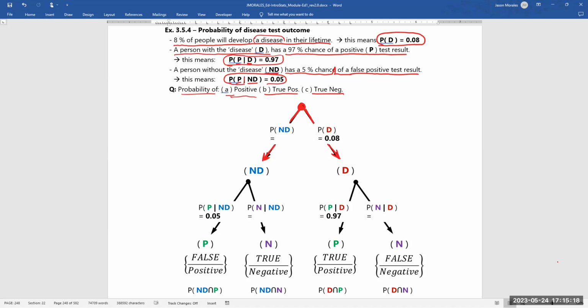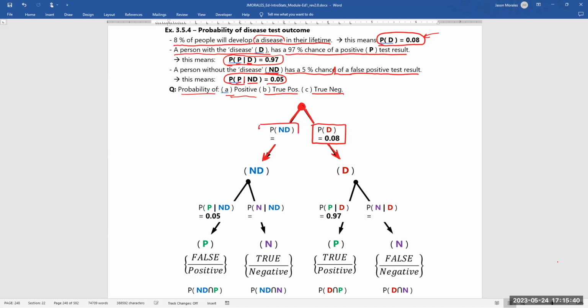We were told in this problem that the probability of a person having this specific disease is 8%. But what we weren't told was the probability of not having the disease.